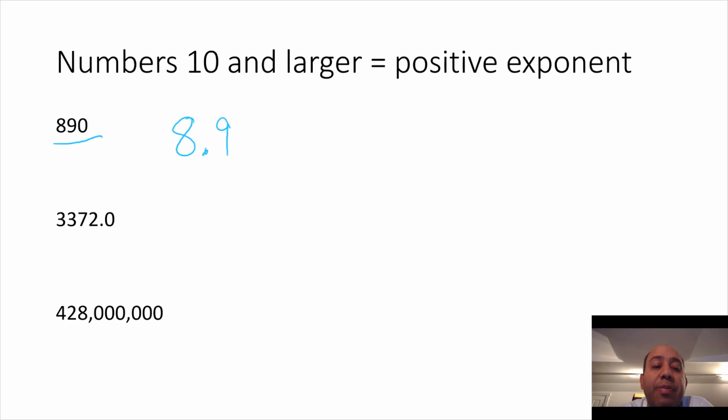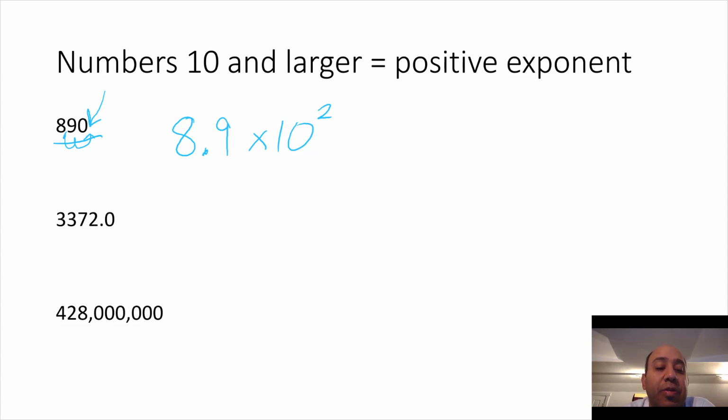If there were a period anywhere in the number, then the 0 would be significant too. So anyway, it's 8.9 times 10. And you have to figure out from this spot, you have to get the period back to its original location, which is right there. That's where the dot would be. So you have to go to the right twice to get to that location. So that would be a positive 2.